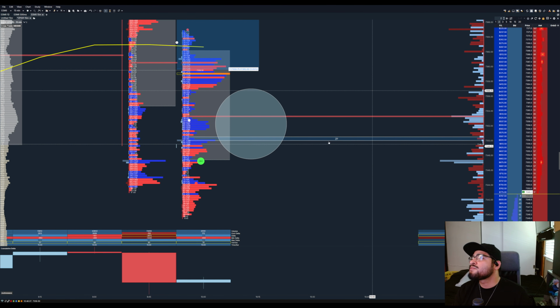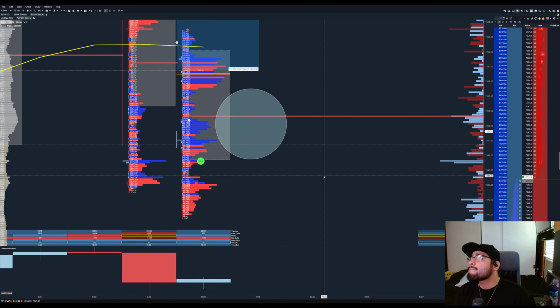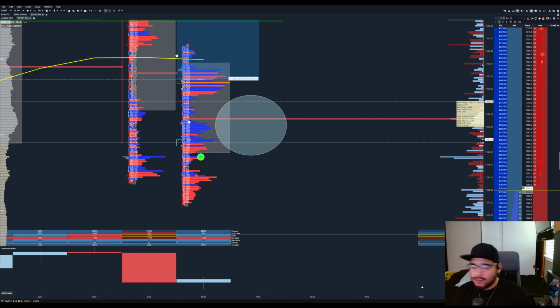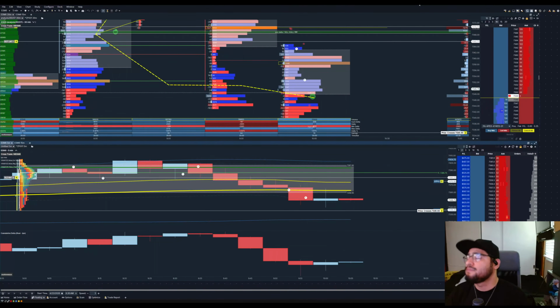So we're just below that now. We filled in this zero print. So we'll see if we can keep going lower. Session VWAP is at like 62.